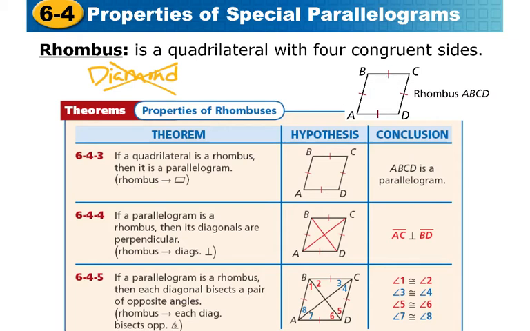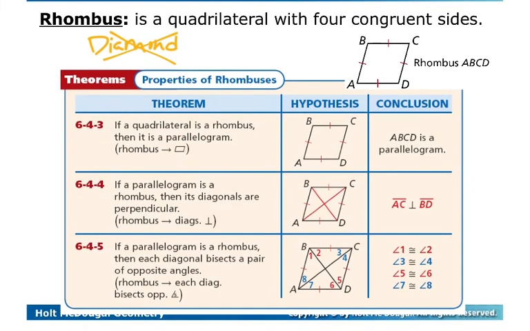Notice that each of the sides has a tick mark on it. That's because not only does it have all of the properties of a parallelogram, it's also that all sides are not necessarily opposite and the same, but actually all the same. So that's what's happening in this first one here, kind of a definition. A quadrilateral is a rhombus, so you have a four-sided shape that's a rhombus that also has the properties of a parallelogram.